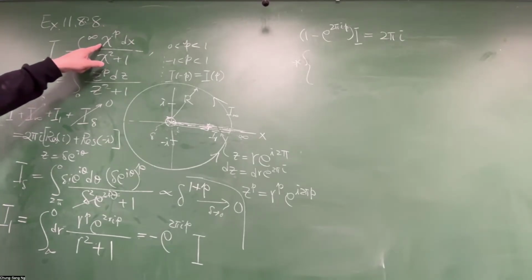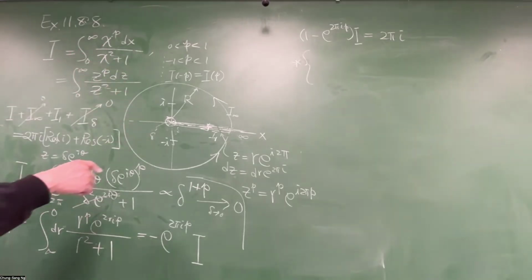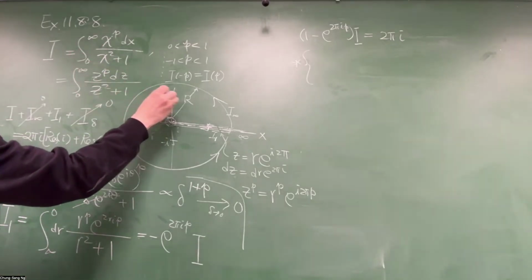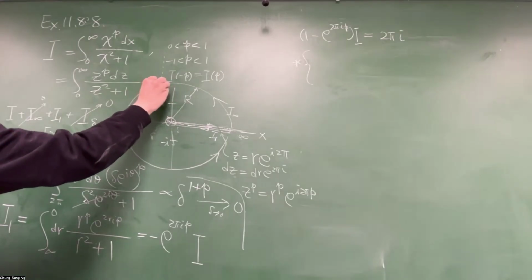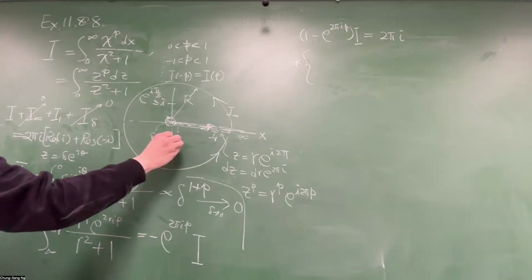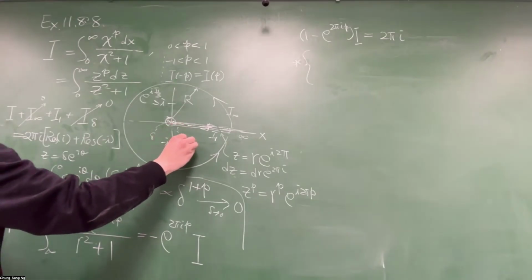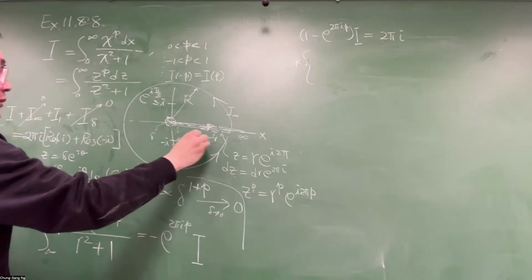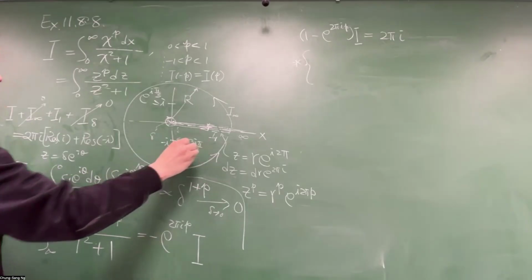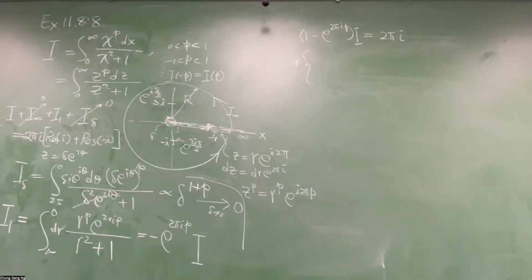Don't just use i because you need to keep explicit phase angles. i is, for our range of theta, e to the i pi over 2, and minus i is actually e to the 3 pi i over 2. Right? We need to be a little bit explicit here because we have this z to the p power.